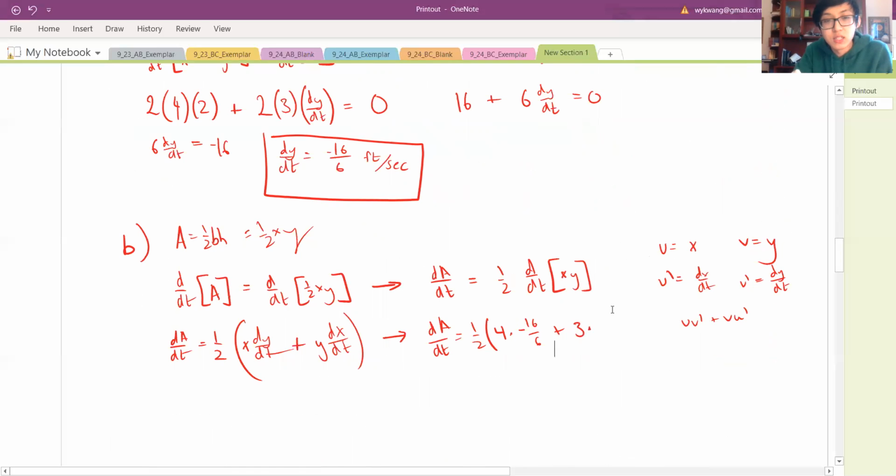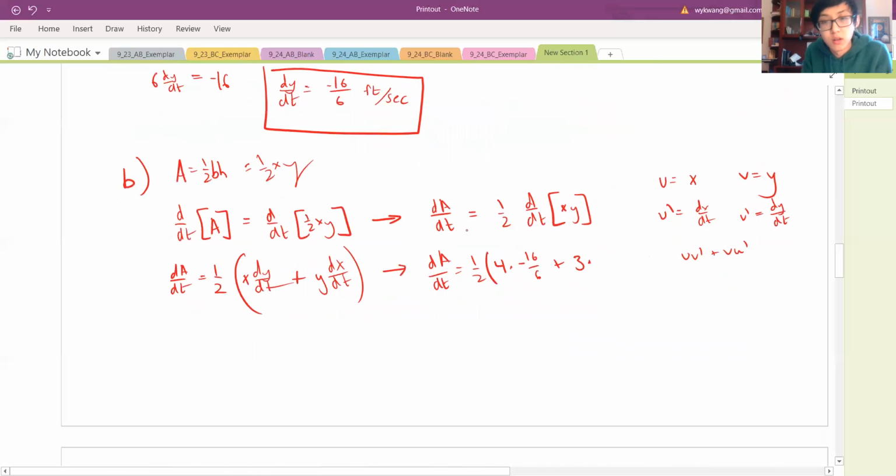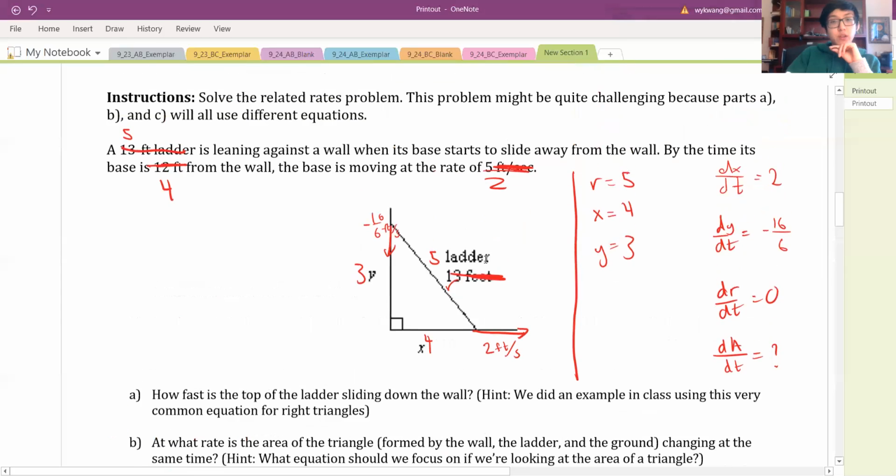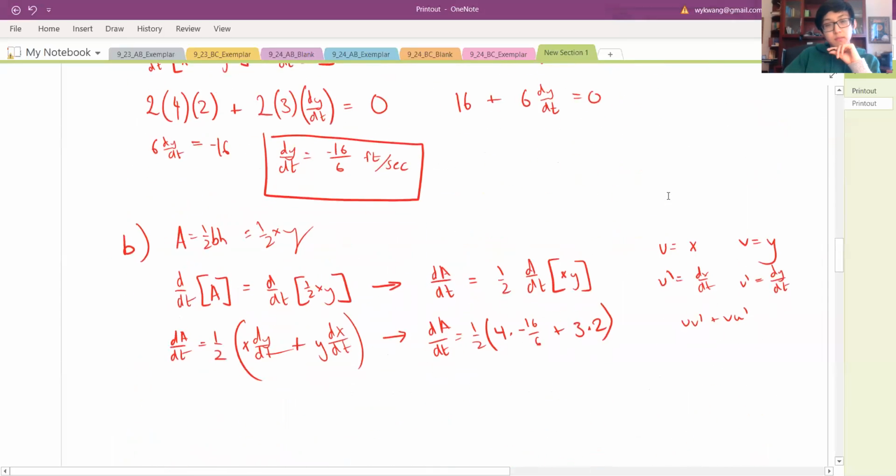Times dx over dt, which is 2. This is just a thing where we filled in all of the values because we already did a bunch of work in the first problem where we got all the values.